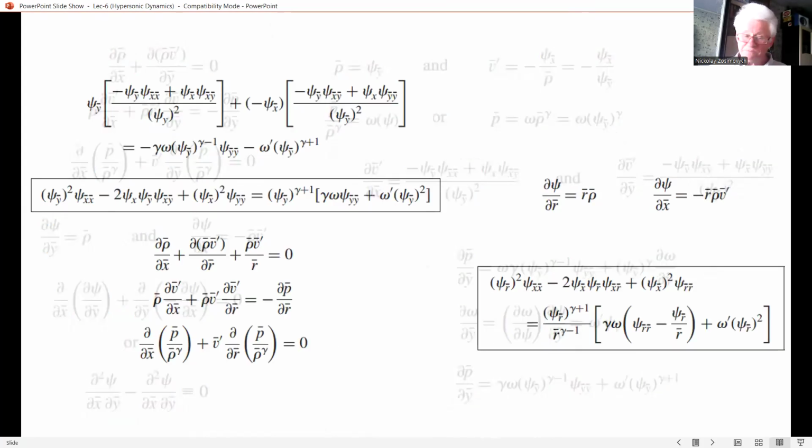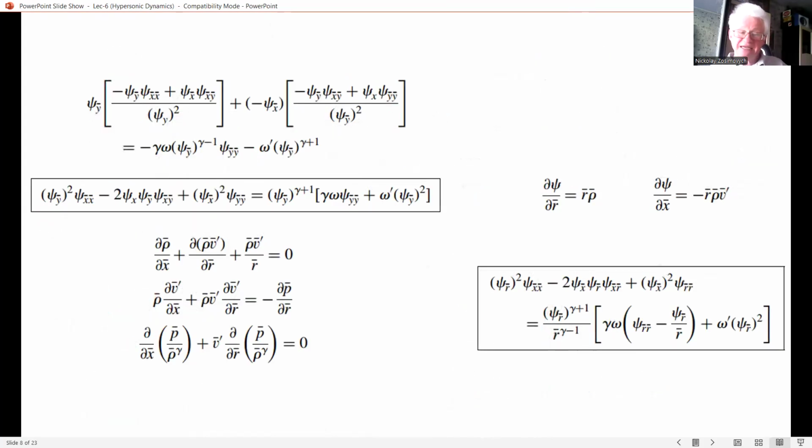As before, it is a single equation in terms of one unknown, namely psi, right? So our final equation here is easier to solve than the original coupled system of the three equations. Okay, the original, I'll just show you for one second.